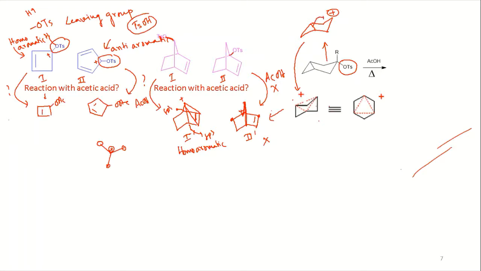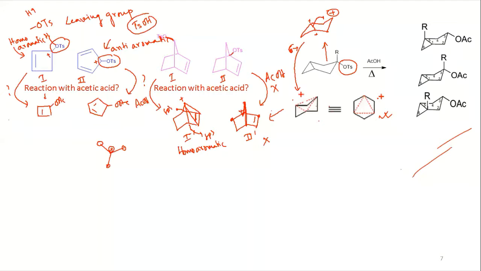So you have a structure with a cation here. Similarly, it can go in this direction and generate a cation here. So this way you have a 3 center, one sigma bond moving, and you have positive charges rotating. So you have this structure which is aromatic.